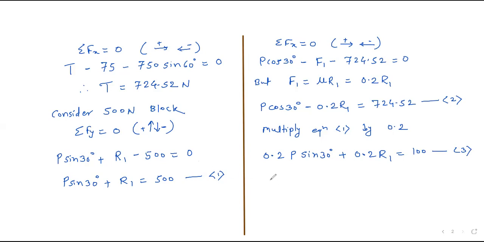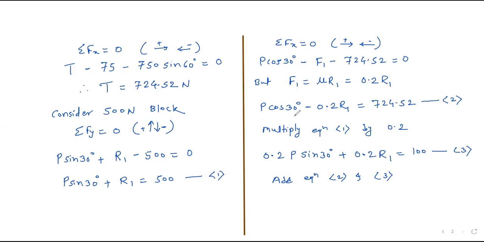Now add equation 2 and 3. So add equation 2 and equation 3. Now if I add equation 2 and 3, what I will get here, it is P cos 30. Cos 30 ची व्हॅल्यू किती आहे ती सांगा मला कॅल्क्युलेटर वरती करून. What is the value of cos 30? पॉइंट मध्ये सांगा किती येते. 0.86.